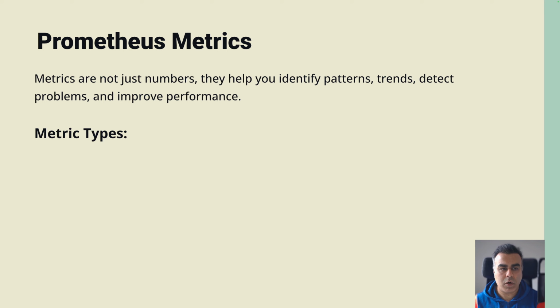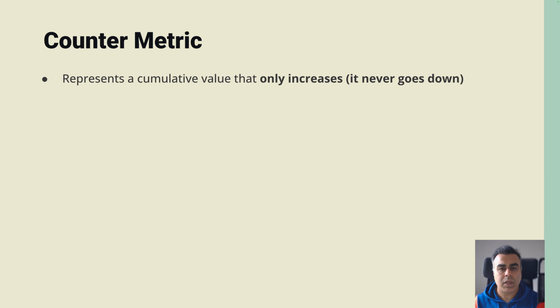There are four types of metrics. The first one is the counter. The second one is the gauge, then histogram and summary. Let's start with the first one, the counter metric. As the name suggests, it is an incremental value, and the number cannot go down.